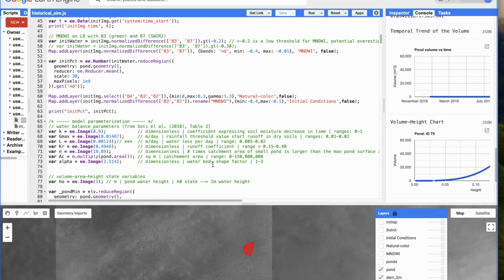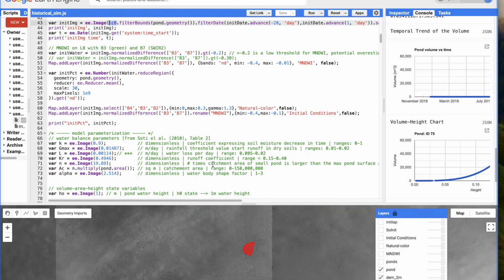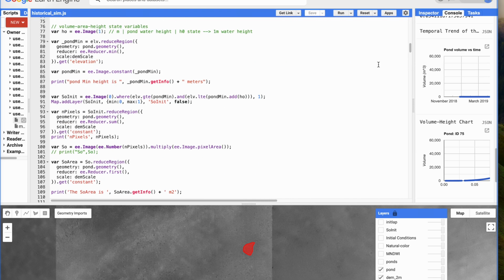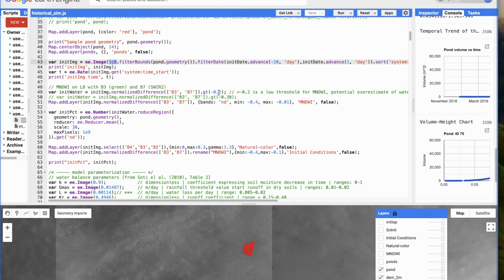And because these ponds are very dry, with very low moisture in them, we're using a threshold of minus 0.2. We experimented with 0.3 also, but settled on minus 0.2 as the threshold for MNDWI.